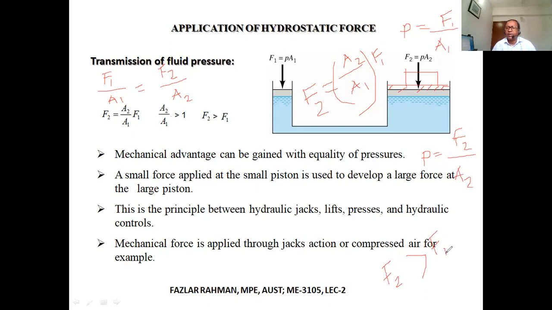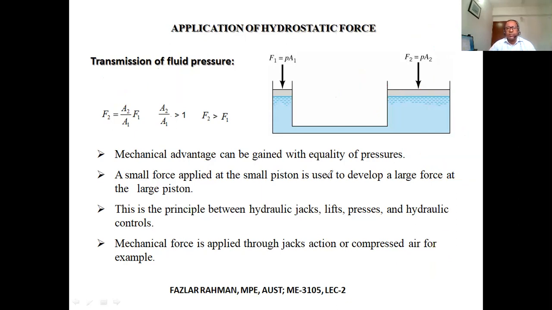So what does it mean? If you apply a small force on one side, on the other side you are getting a higher force, although the fluid pressure remains the same. And this principle we can apply to get some mechanical advantage. Mechanical advantage means applying little force but getting higher force. What is an example? Like we use a hydraulic jack, hydraulic lift, then press, and all other hydraulic controls use this mechanism.